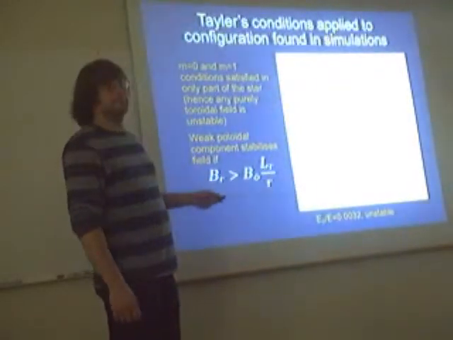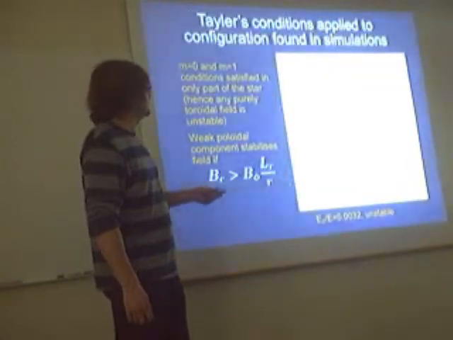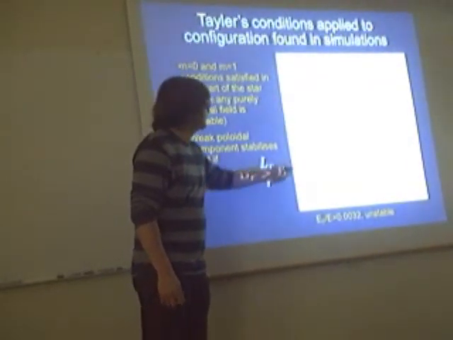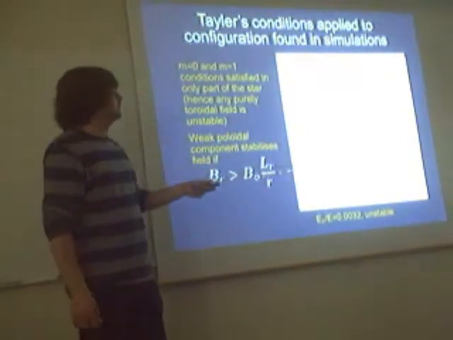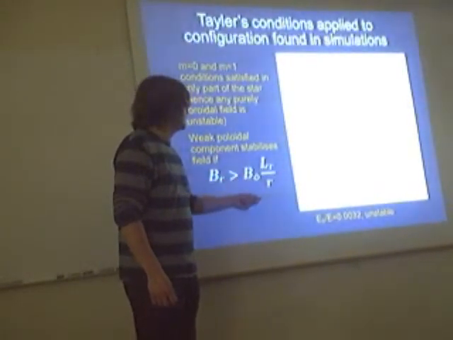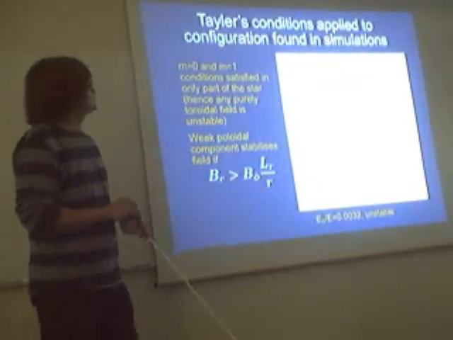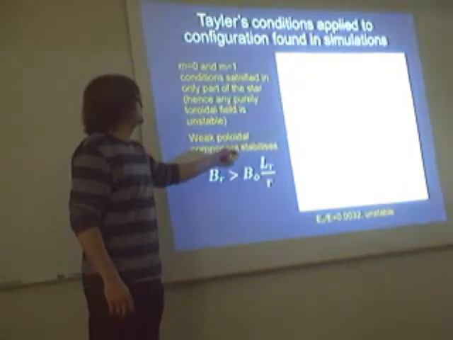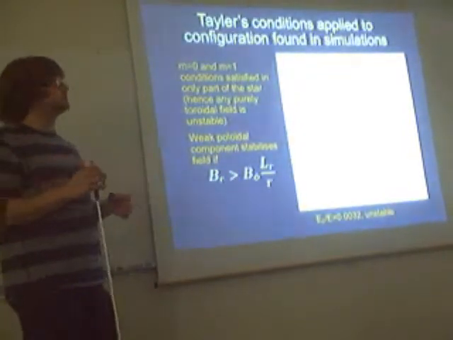If we work out what Taylor's stability conditions give us, we find that the area outside this blue line should be unstable to the m equals 1 mode. And likewise for the m equals 0 mode, the area outside this green line. So the toroidal field outside this area is 0. That's just considering the toroidal field on its own.